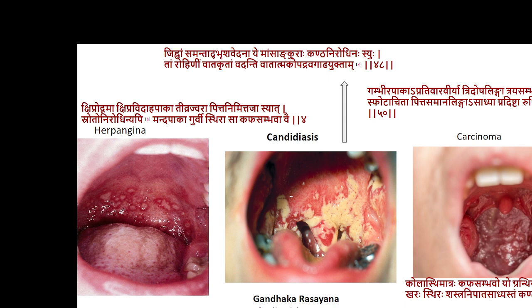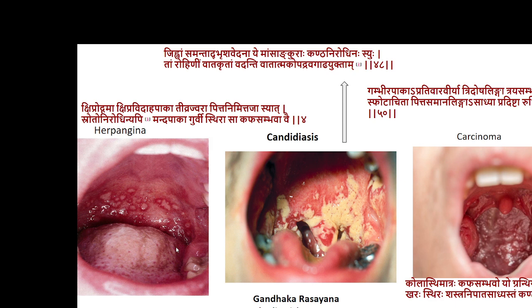Now, in such conditions, the description of this in our text is क्षिप्रोद्गमा क्षिप्रविदाहपाका तीव्रज्वरा पित्तनिमित्तजा स्यात् सोतो निरोधिन्यपि मन्दपाका गुर्वी स्थिरासा कफसंभवाय वै. These pitta conditions of galogha are the presentations of herpangina, where the patient would typically have vesicular eruptions over the area, mainly the palate and soft palate area, including the tonsillar, peritonsillar area.